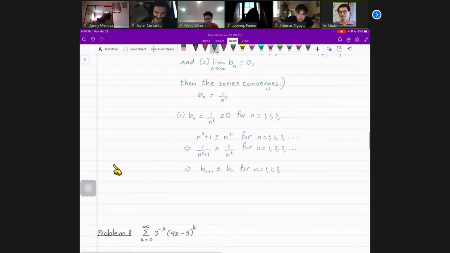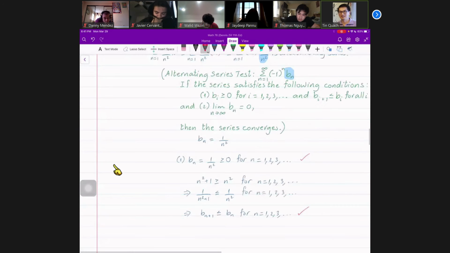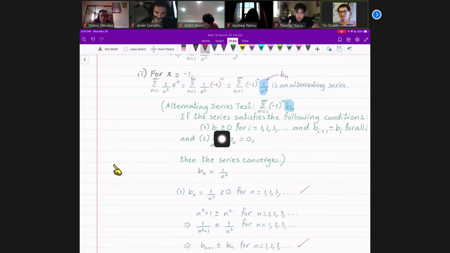So that satisfies the first condition. For the first condition, you want to make sure that b sub n is always positive, and that it is always decreasing. Now the second condition is to take the limit of that and see if it is 0.